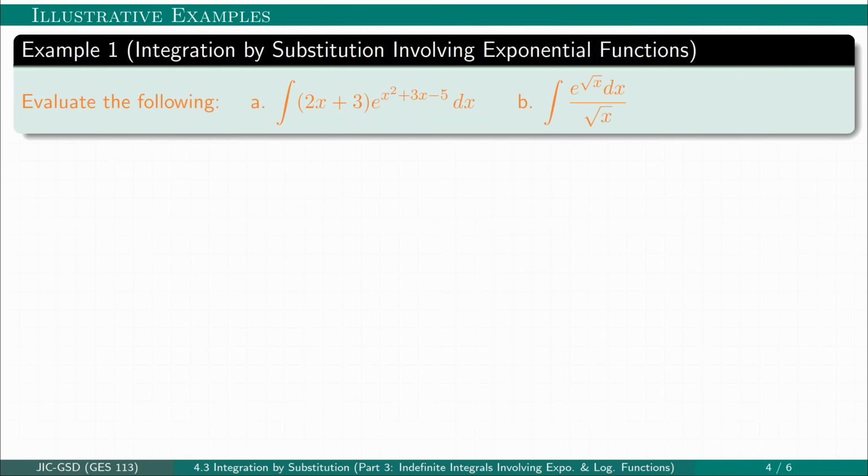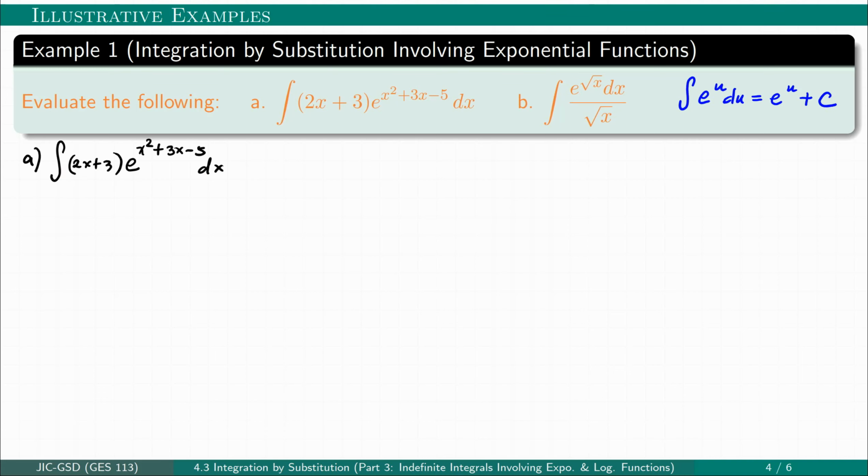Let's try the first example. For letter A, we have the integral of 2x plus 3 times e raised to x squared plus 3x minus 5 dx. Recall our formula that the integral of e to the u du is equal to e to the u plus the constant c.